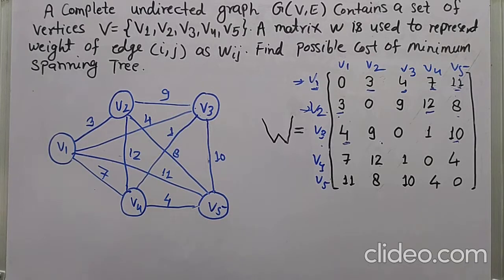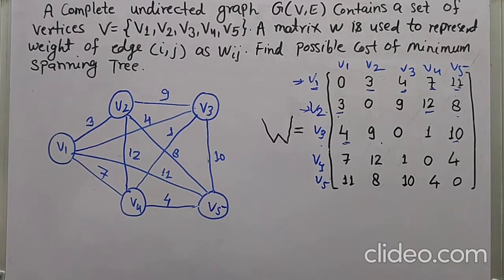Now the next task is to find the spanning tree. Again you have two options: you can follow Prim's algorithm or Kruskal's algorithm. Let me take Prim's algorithm. It requires a root node from where you start the process.